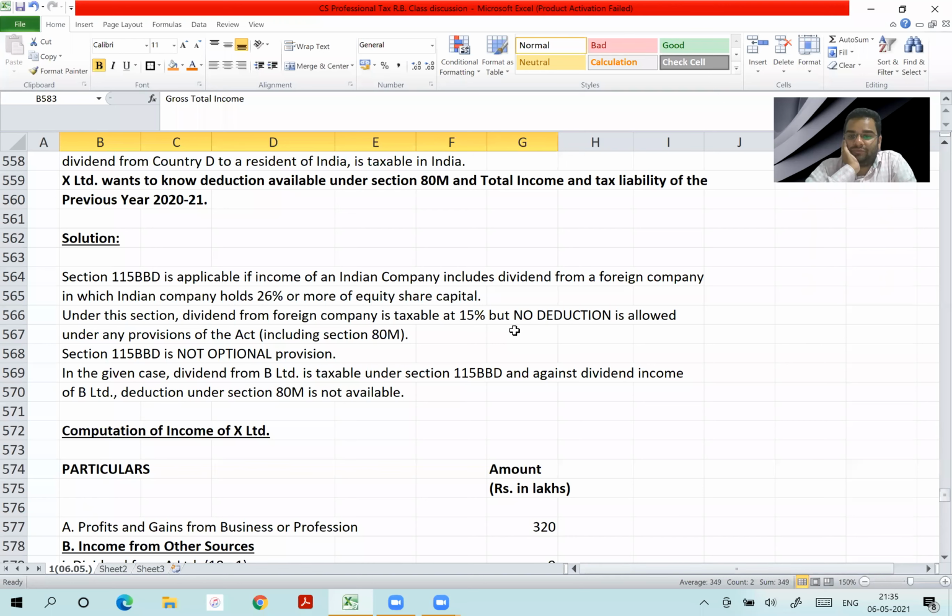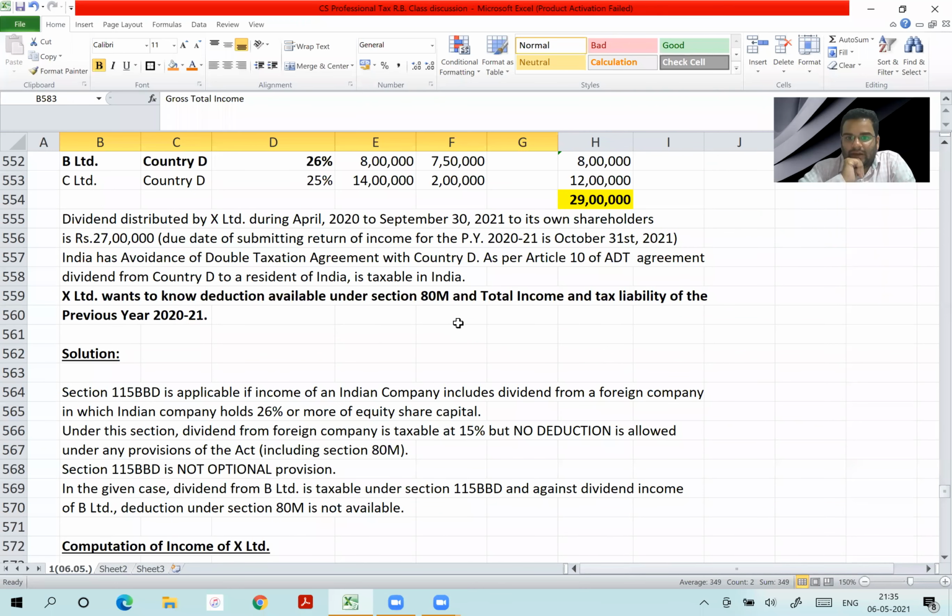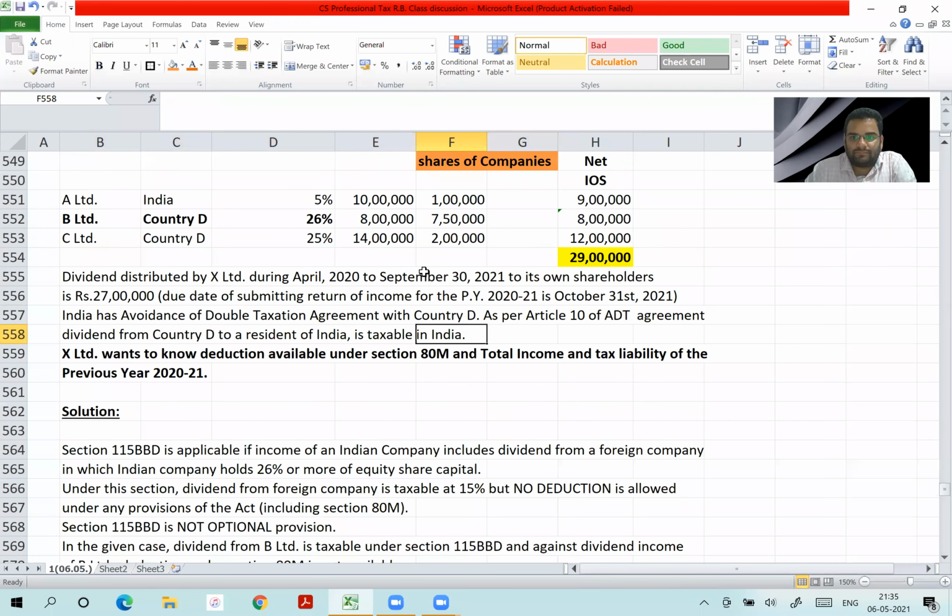My challenge to all of you, whose name I took and whose name I am not taking, Rucha, is to calculate the deduction under section 80M. Can you tell me what is the deduction under 80M, after considering this point? Which point? That it has given dividend to its shareholders of 27 lakh.